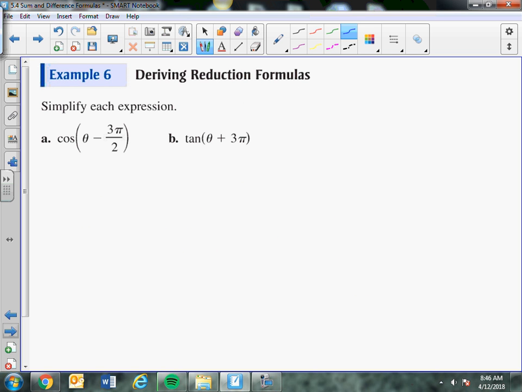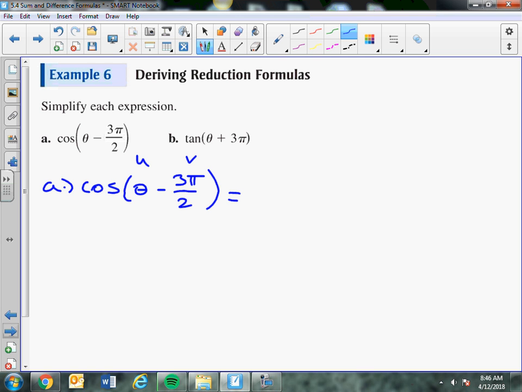On example 6, we have a couple different things going on here. It says we are supposed to simplify these expressions. So first off, on letter A, yeah, I can recognize that. That again is the cosine difference formula. So I would go ahead, go to my formulas. I'm going to go ahead and write this out. So cosine of theta minus 3 pi over 2, where my theta would be u, and the 3 pi over 2 would be my v.